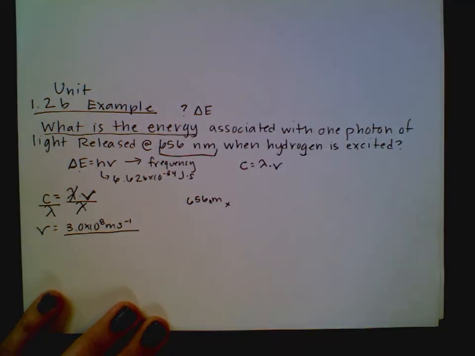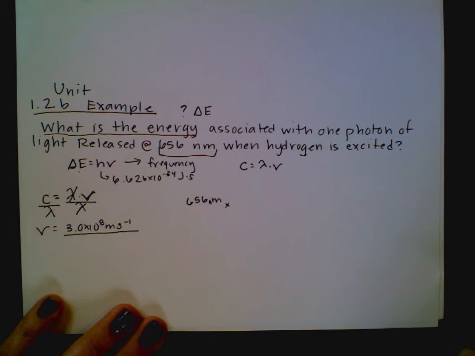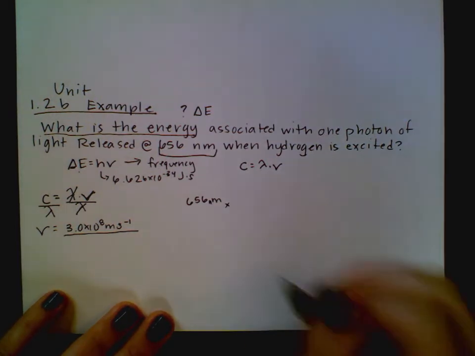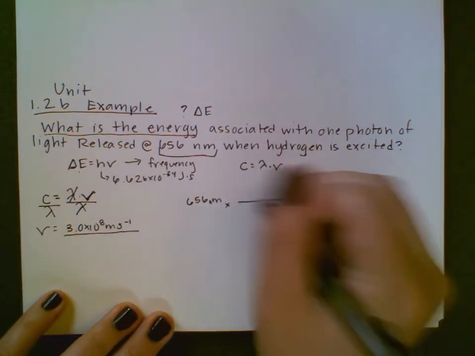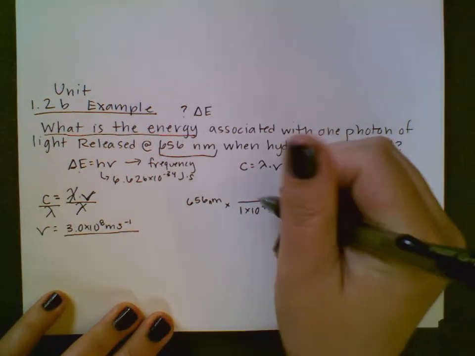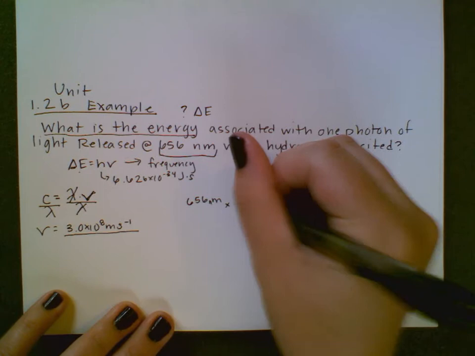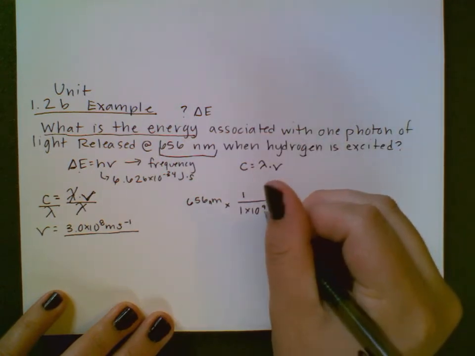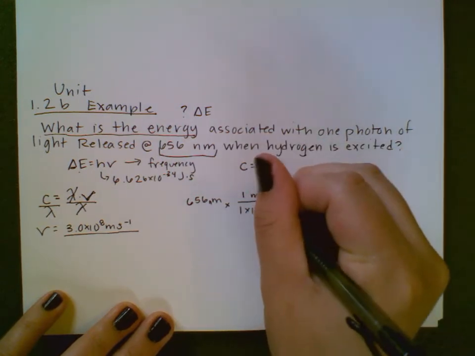So we have 656 nanometers. What we need to do is convert that to meters. So 1 times 10 to the 9th nanometers is equal to 1 meter.